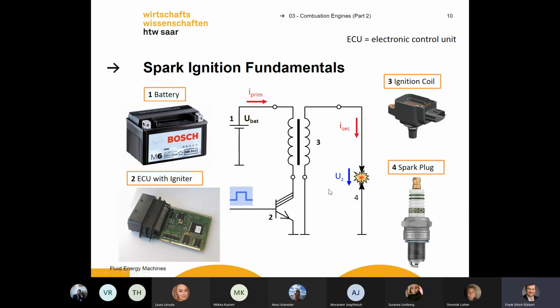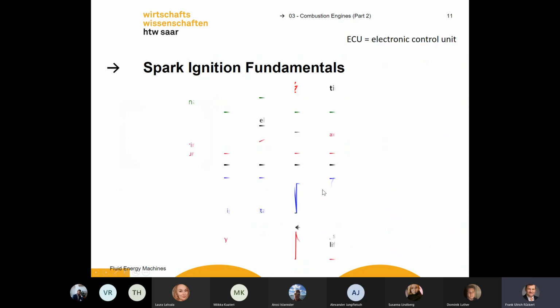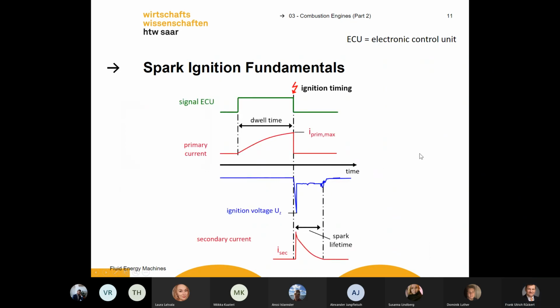And you might say, yeah, electricity is so fast, it will work anyhow. It's like I just switch it on and I get the spark. But it's not so easy, because electricity also needs time to run through the cables. And if we have here our electronic control unit signal, yeah, it's like a normal computer.